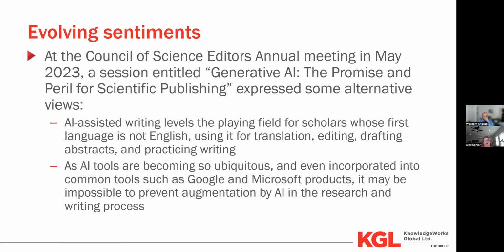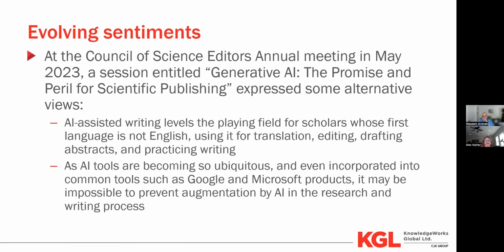And it did express some views that are a little different than what the dominant views are regarding generative AI. So one point that was made is that AI-assisted writing levels the playing field for scholars whose first language is not English, and they can use it for translation, editing, drafting, abstracts, and practicing writing.